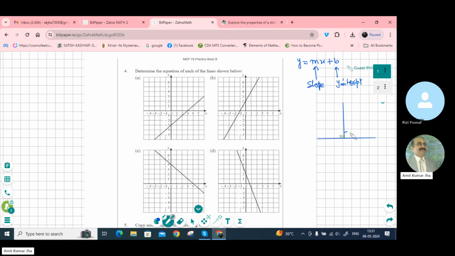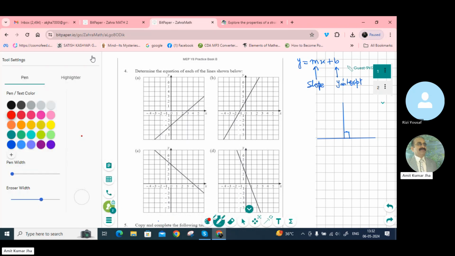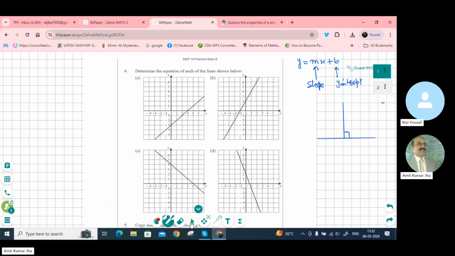That means this angle will be 90. Is it clear? And now suppose you have any other line, like let me draw this line.